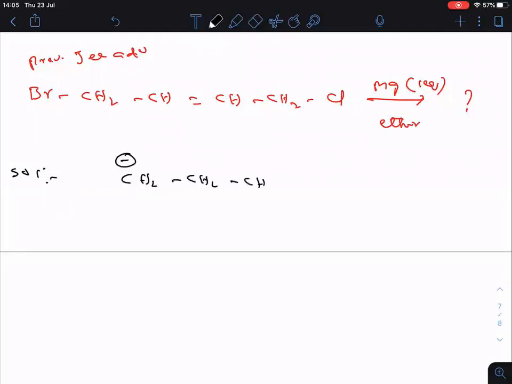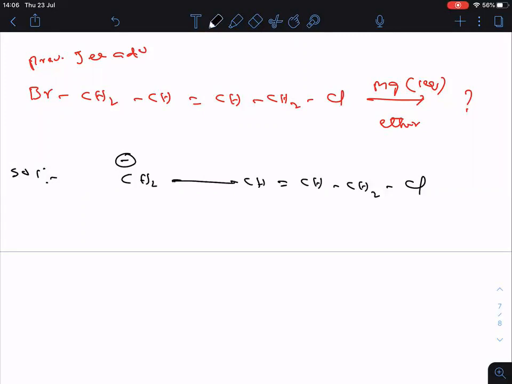CH2, CH double bonded CH, CH2, Cl. I think I wrote one CH2 extra, sorry. So this is CH2, CH double bonded CH2, Cl.